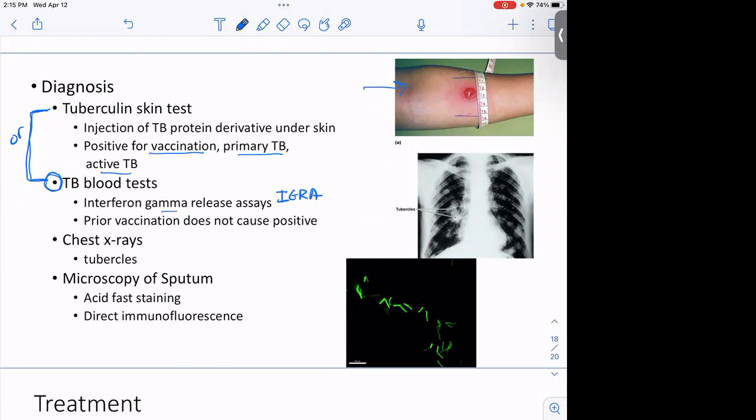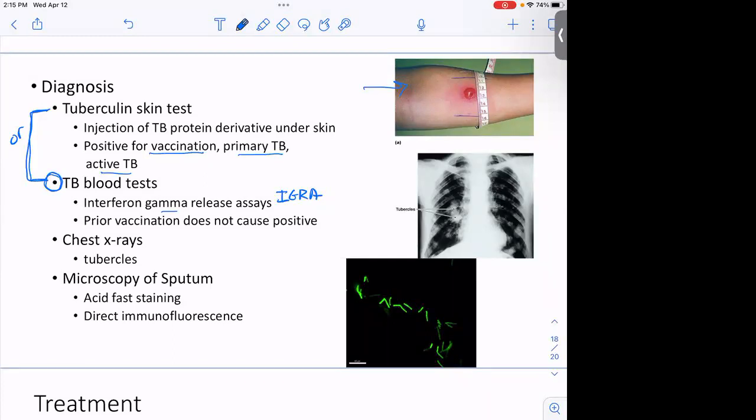So we talked about alpha and beta interferon as protecting against viral infections. This is the type 2 interferon. So they do a blood test, and then they expose the blood to TB proteins. And if they find interferon gamma release, T cells will release interferon gamma in our blood when they are exposed to TB antigen.